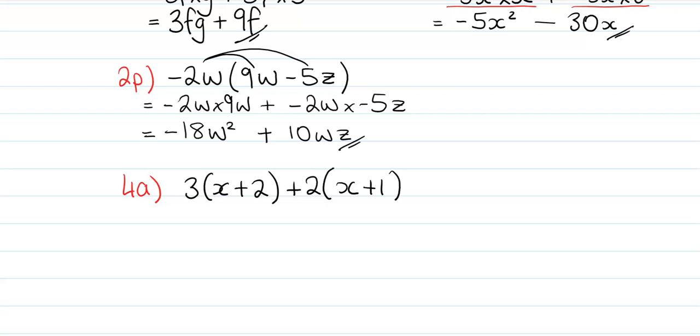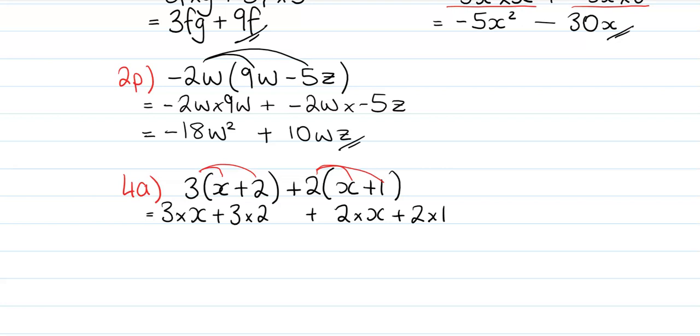So this is going to be a few different steps. We're going to go 3 times x, 3 times 2, plus 2 times x, 2 times 1. All right, because we've got 2 sets of brackets there. So 3 times x plus 3 times 2 plus 2 times x plus 2 times 1.